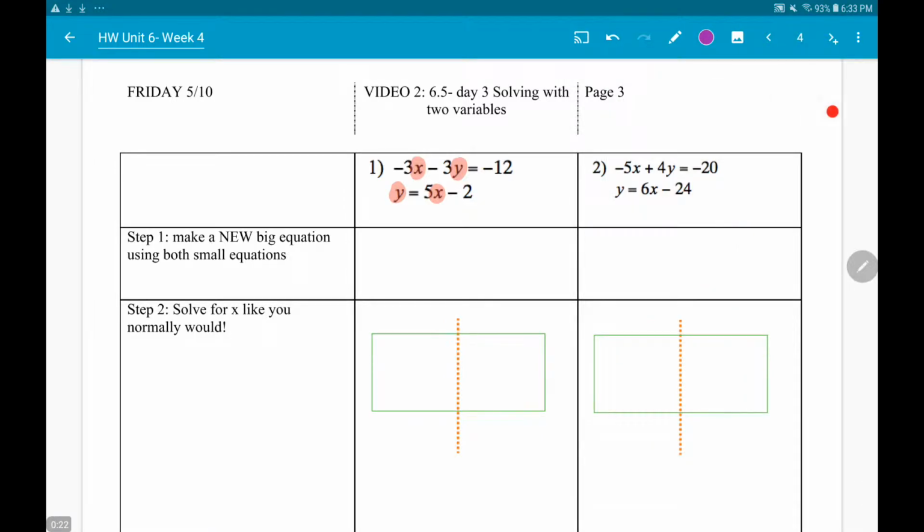So I'm going to take this top equation and write it in. And now I'm going to write it again, but instead of y, I'm going to put a big parenthesis, and everything else stays the same.